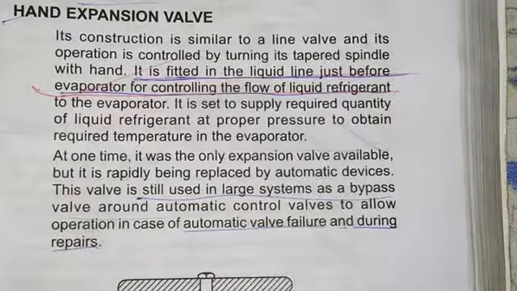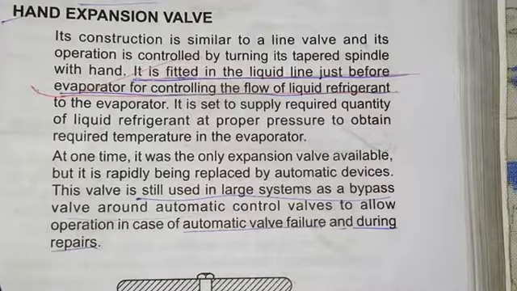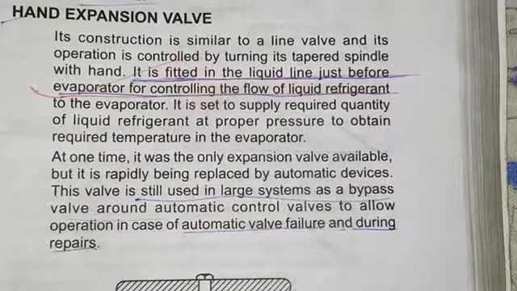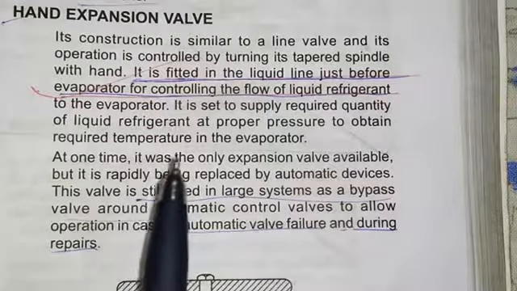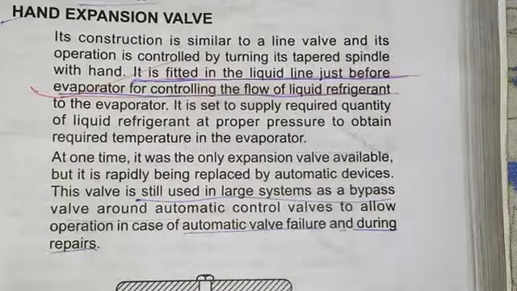Okay, and now the second type of expansion device is the hand expansion valve. This is just a manually operated type of expansion valve.